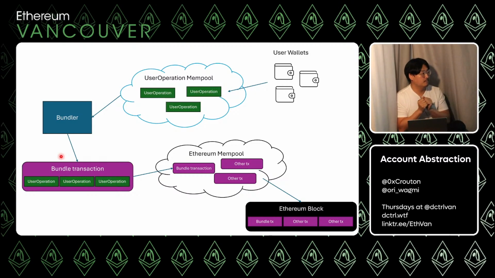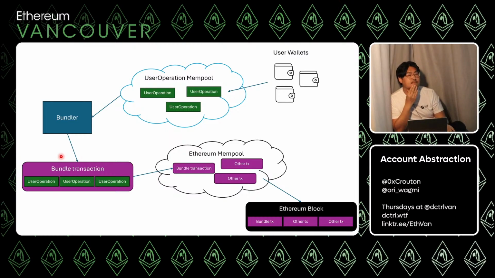So one sec, in the case where I sent 2 user ops into the mempool, one to swap, one to bridge from the same person, do those have to be in the same bundle transaction, or could 2 different bundlers pick that up in 2 different transactions? Would that work? Yeah, I guess because the approve has to happen first, right?